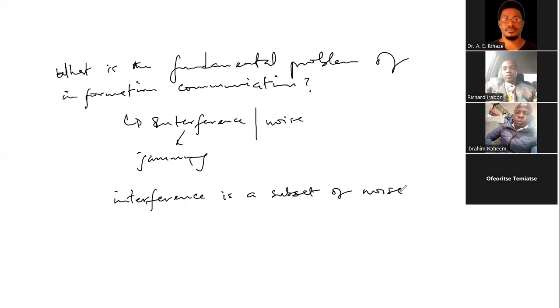But noise in the strict sense is some random signal, right? It's random. So if it's random, this may not be man-made, but interference usually is man-made. And when we have quite a number of signals interfering, it causes noise.